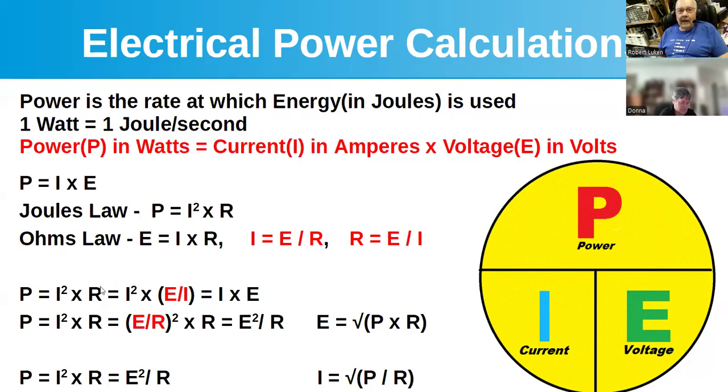And if we do some algebraic substitutions, we can also come up with power is equal to the voltage squared divided by the resistance. So you can get those easily with some simple algebra, substituting Ohm's law into Joule's law.